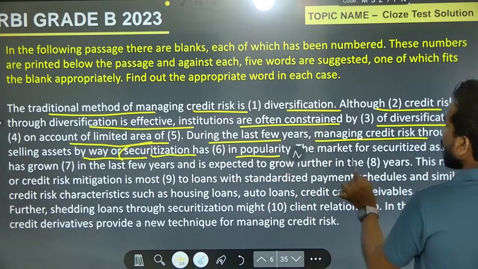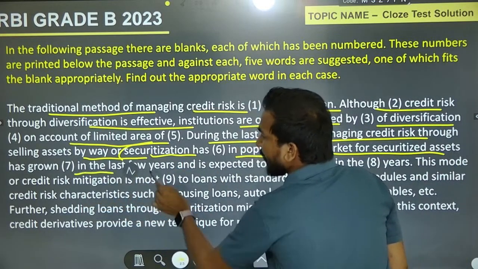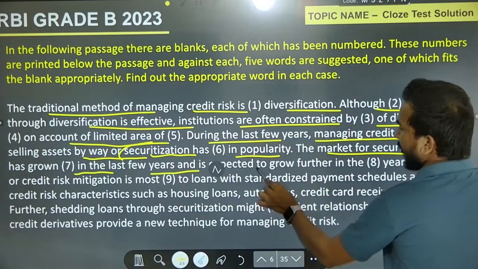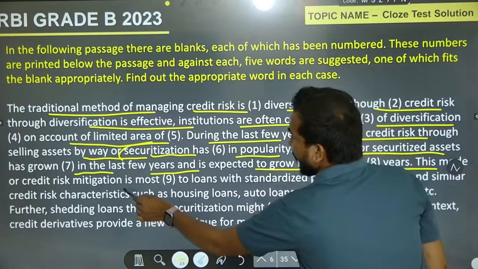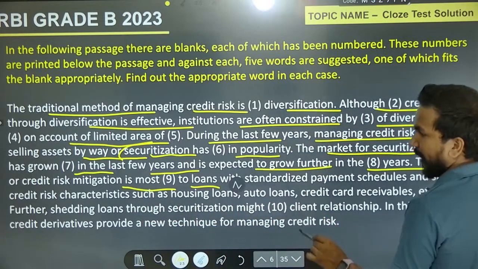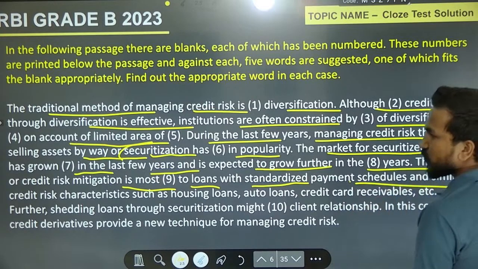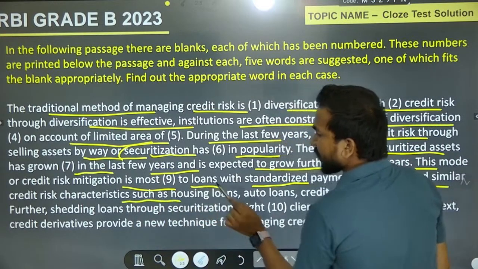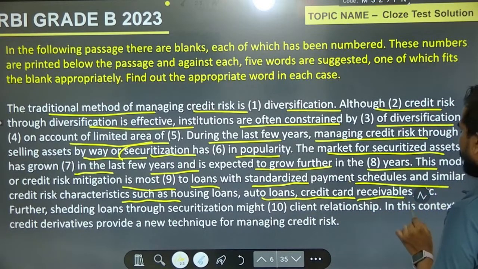The market for securitized assets has grown blank in the last few years and is expected to grow further in blank years. This mode of credit risk mitigation is most blank to loans with standardized payment schedules and similar credit risk characteristics such as housing loans, auto loans, credit card receivables, etc.